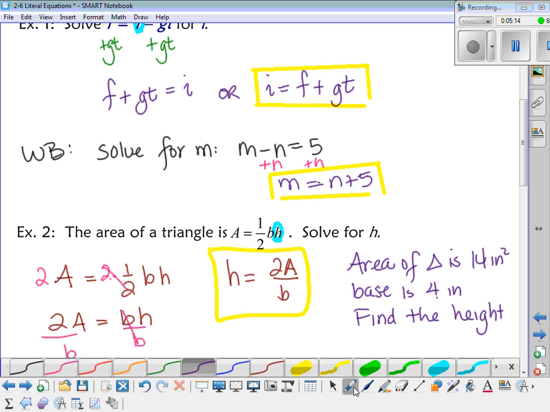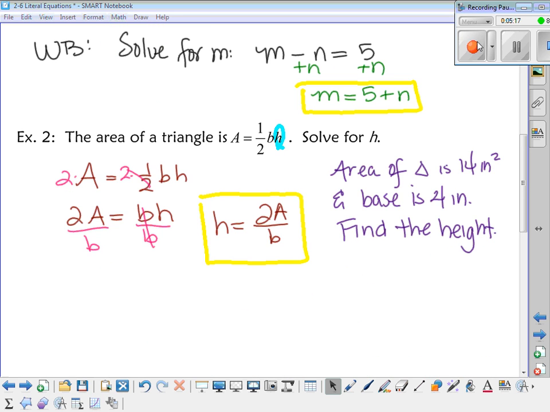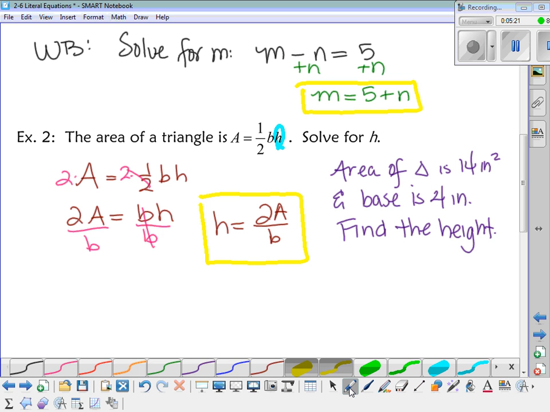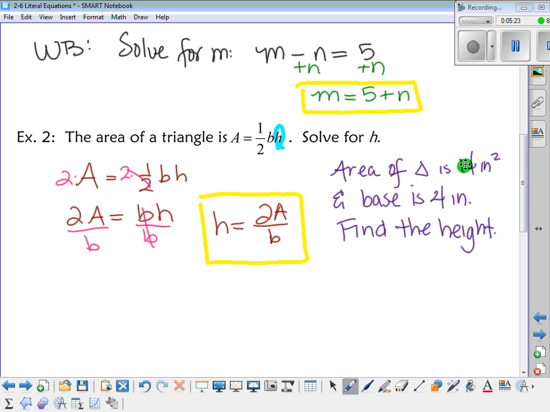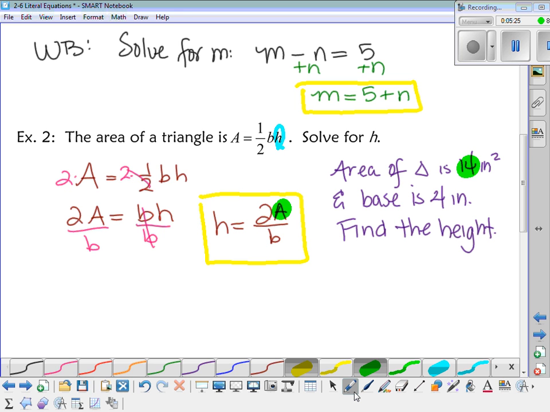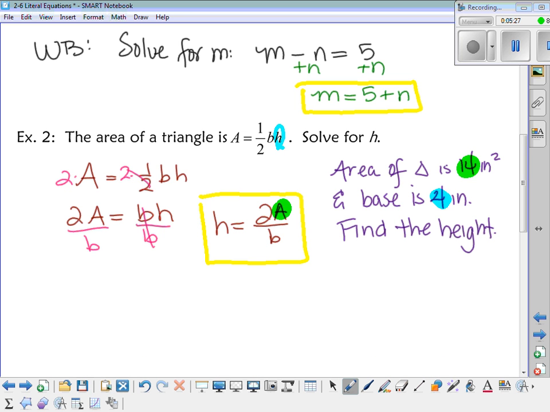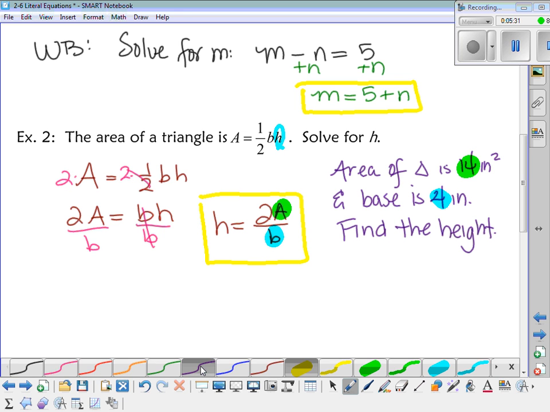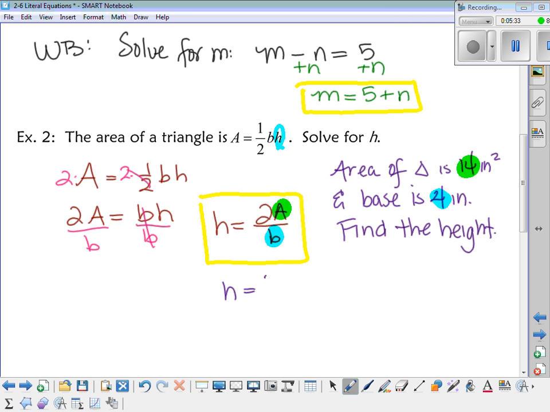Pause the video if you're watching at home. We take the value for the area and put that in for A, and the value for the base and put that in for b. So the height is going to be 2 times 14 over 4, which is 28 over 4. And so the height would be 7 inches.